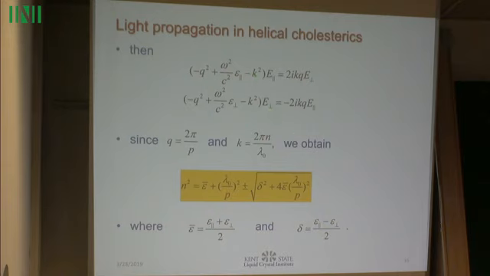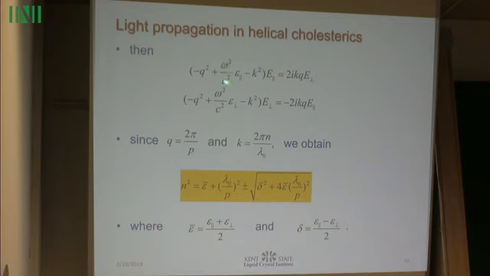Now, what do we have? We really know omega. It's our light source. We know the values of epsilon. We know Q. So we know everything except the refractive index, which plays the role of an eigenvalue here. So we can solve these 2 equations simultaneously and solve for n.